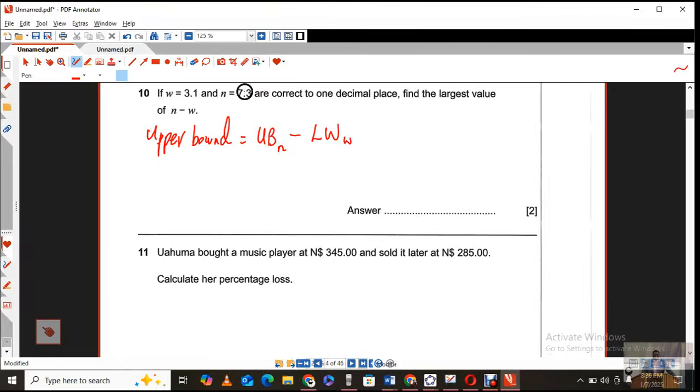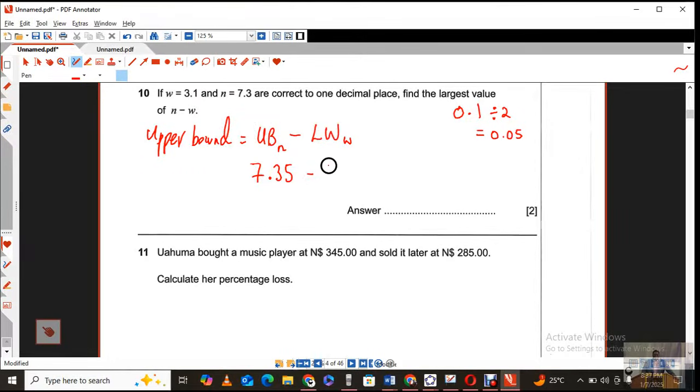Okay, so since all of them are to 1 decimal place, that's 0.1, you go ahead and divide by 2, you get 0.05. So to find the upper bound of 7.3, I will be adding 0.05, so it's going to be 7.35. To find the lower bound of 3.1, and this is very important, I'm going to subtract 0.05 from 3.1.